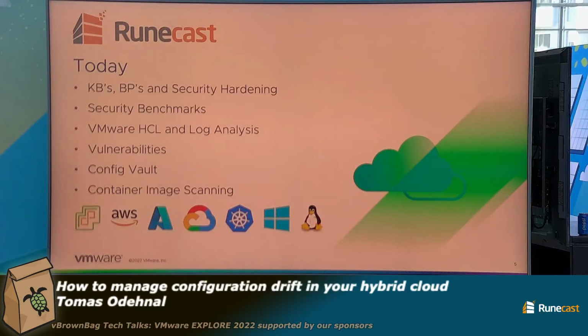We connect different kinds of systems. We do security benchmarks, best practices, and also container image scanning. One of the capabilities is configuration vault, and I'd like to show you today how we approach configuration drift and what we can offer you with this.